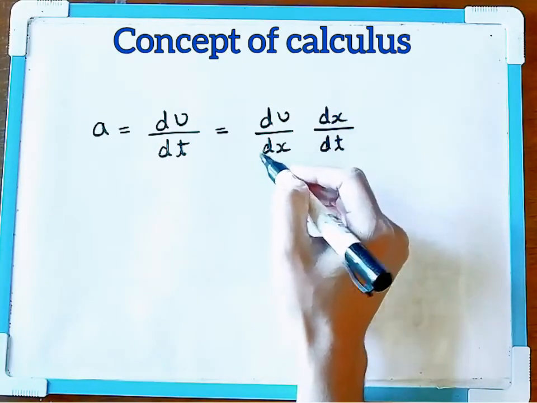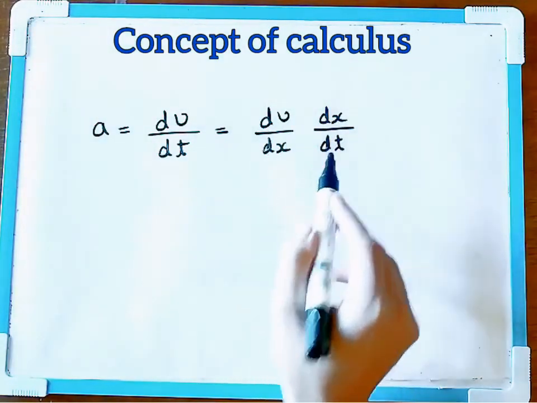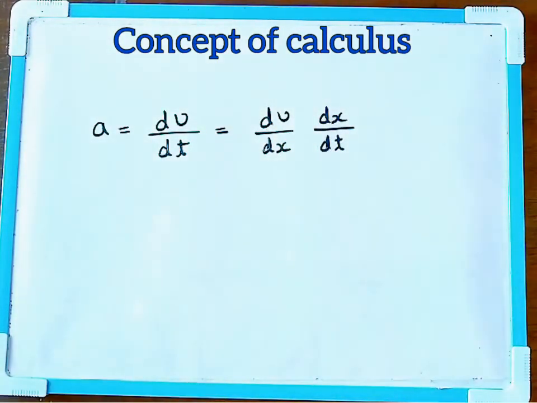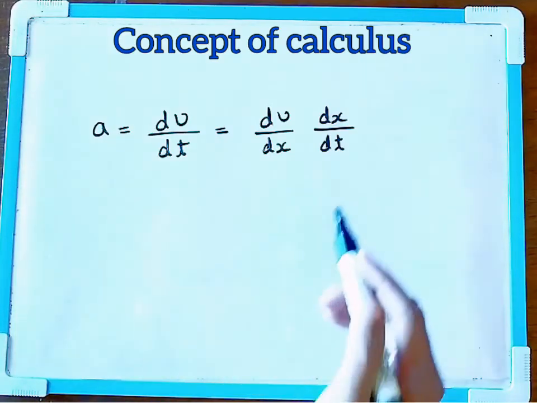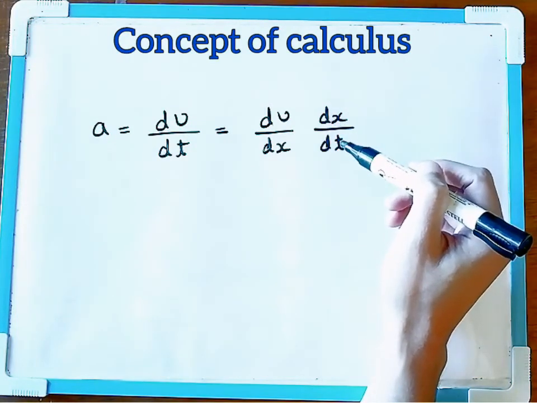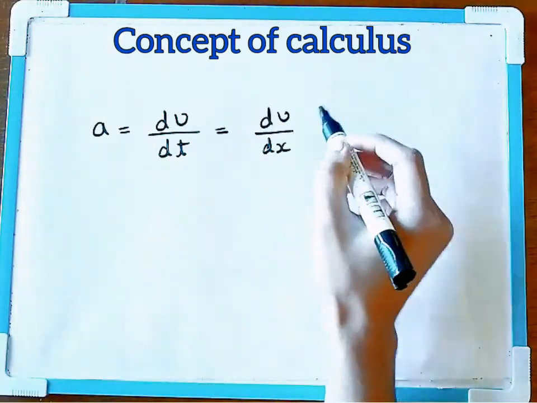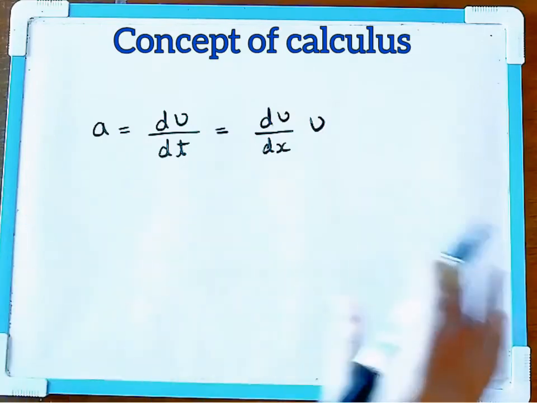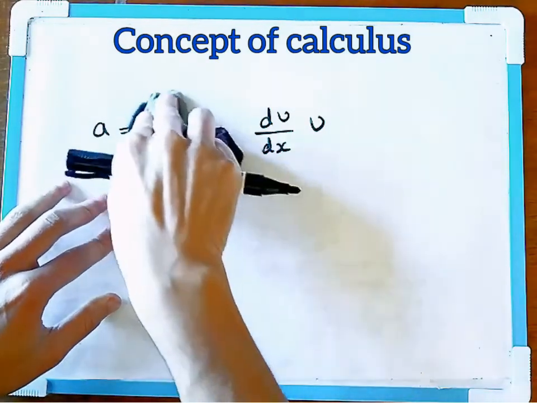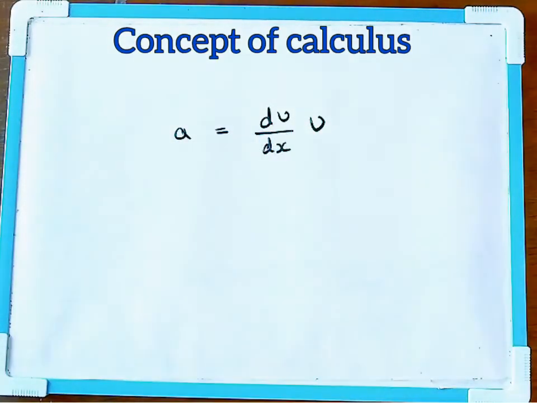So this dx cancels, and you get dv by dt, which is the same. Now this dx by dt is the instantaneous velocity, isn't it? So you can write it as v. Hence we are eliminating dt, so a is equal to dv by dx into v.